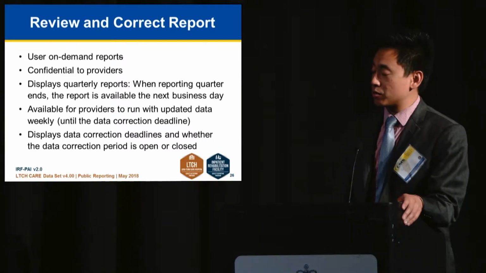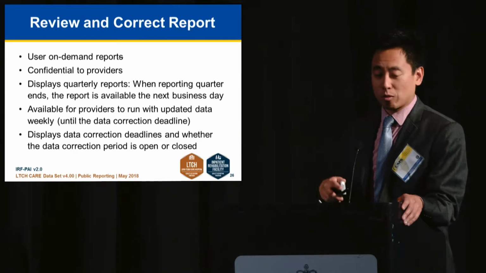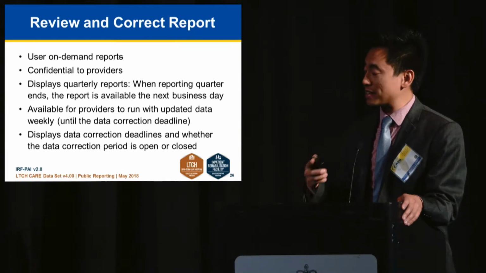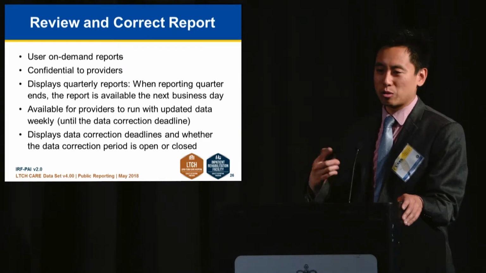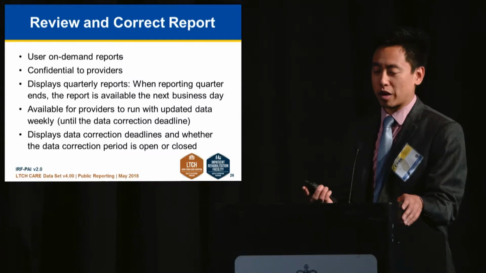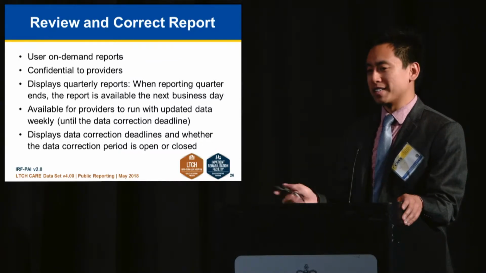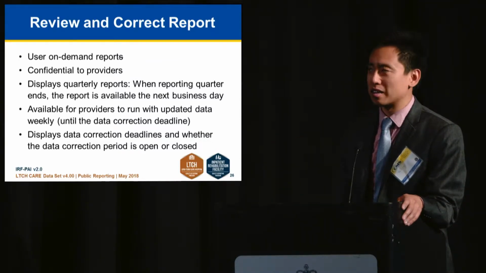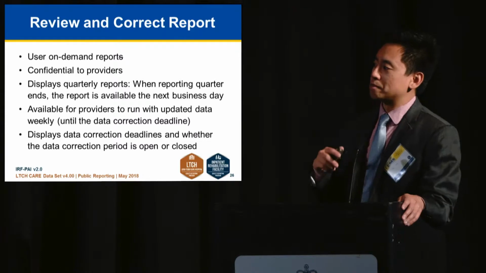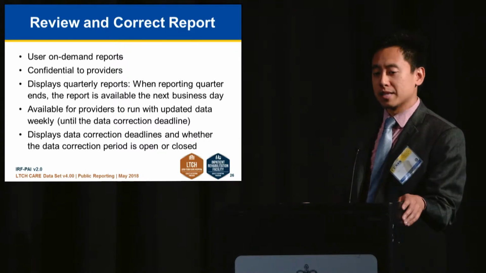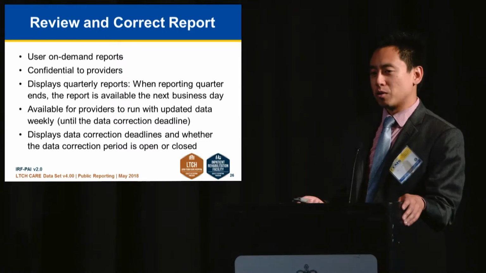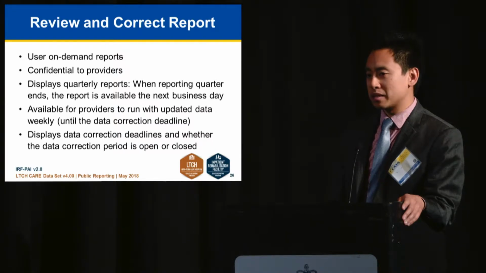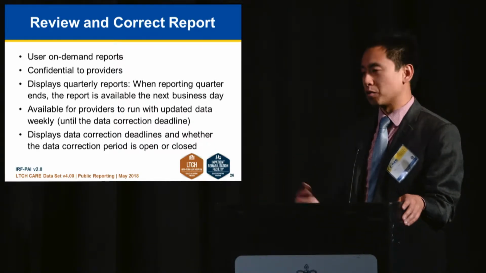So you will be able to see the quarter 2, 2018 review and correct reports on the first business day of July, which is July 2nd. On July 2nd, if you go to the CASPER system, quarter 2, 2018 will be available for you to see your data and review and correct.